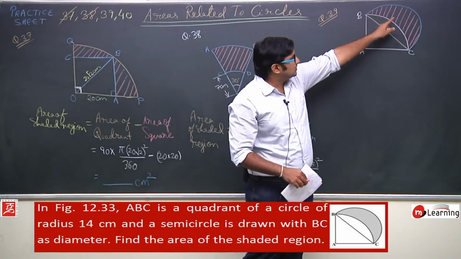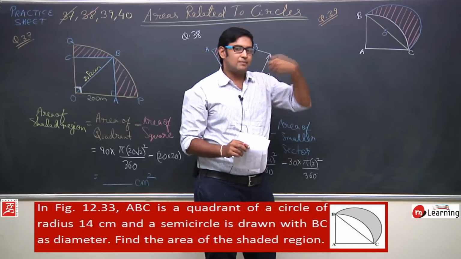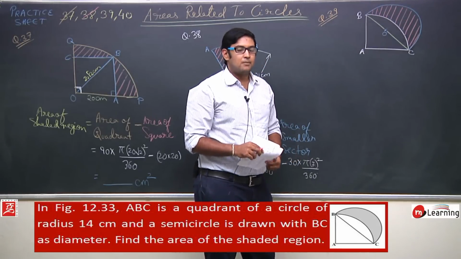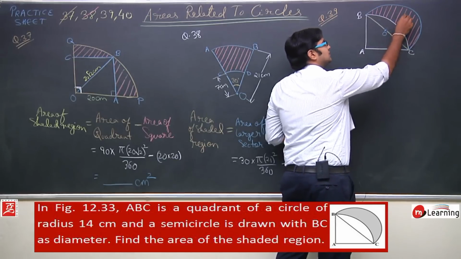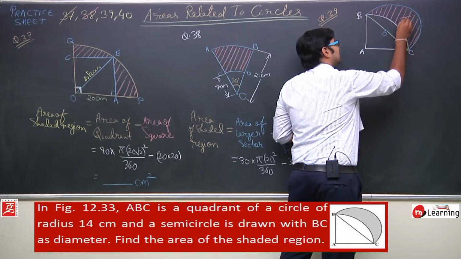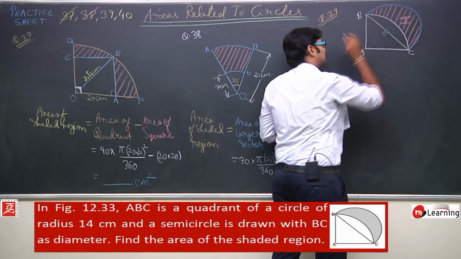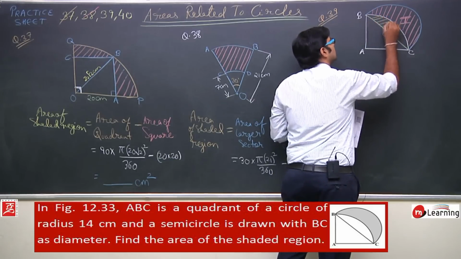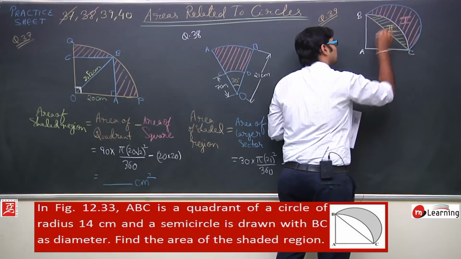This shaded region does not lie in the quadrant, it is above the quadrant, it lies in the semicircle. But the semicircle consists of two parts. Let us name this region 1, and this particular region as region 2.